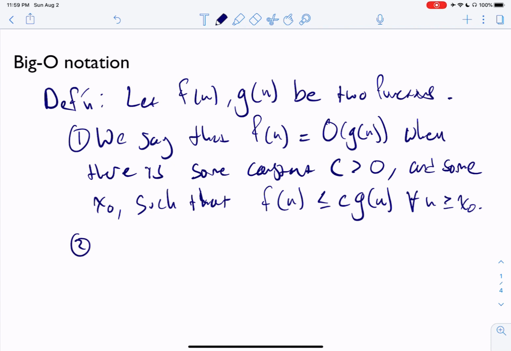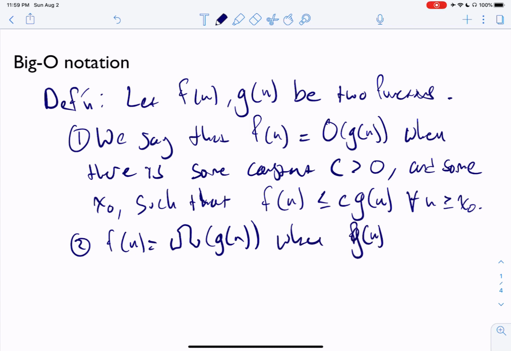We also have f of n equal to omega of g of n, and we say that when actually g of n equals big O of f of n. So basically, when you see big O, what you think of is that essentially f of n doesn't grow any faster than g of n. g of n bounds the growth of f of n, upper bounds the growth of f of n.